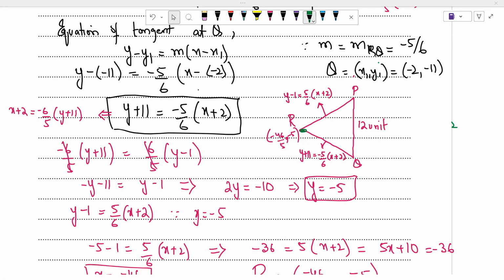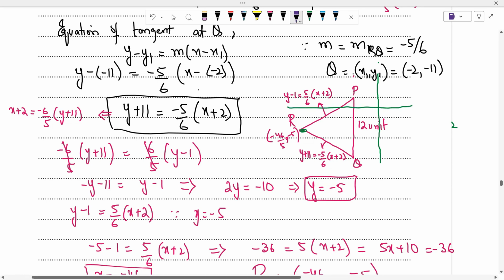Now we know that this is the Cartesian coordinate plane, and this line is x equals negative 2. Okay, so every point on the line PQ always has x coordinate negative 2.